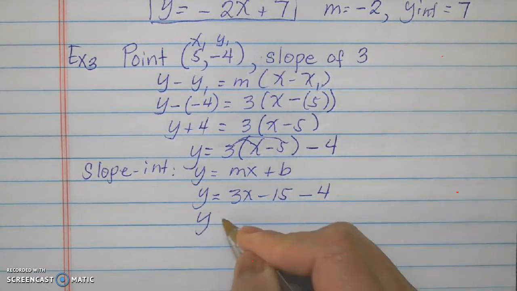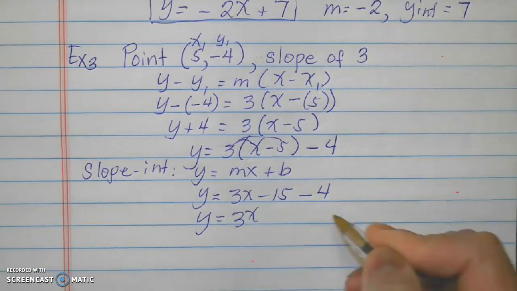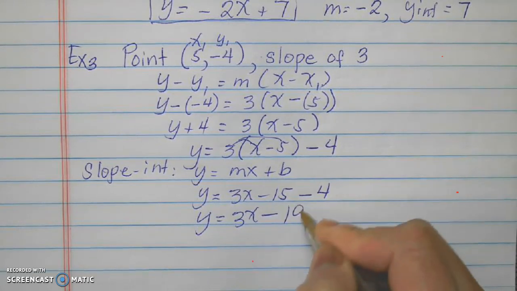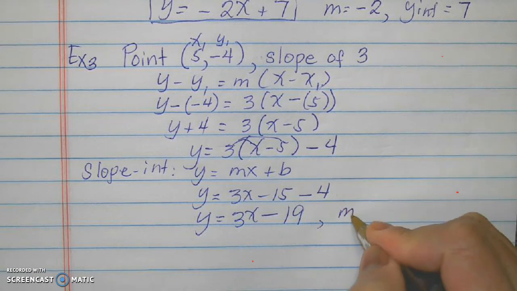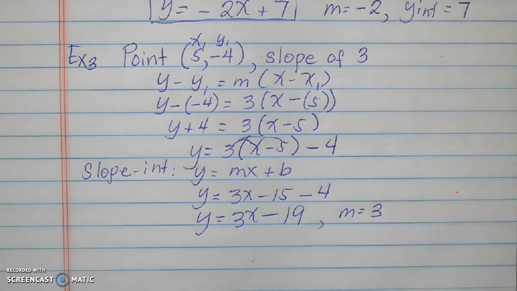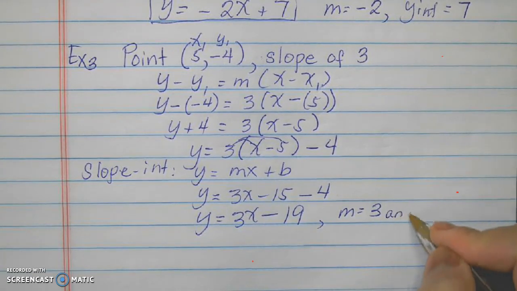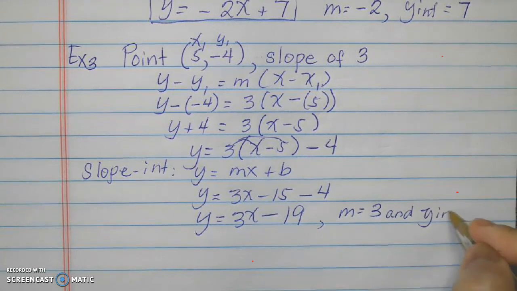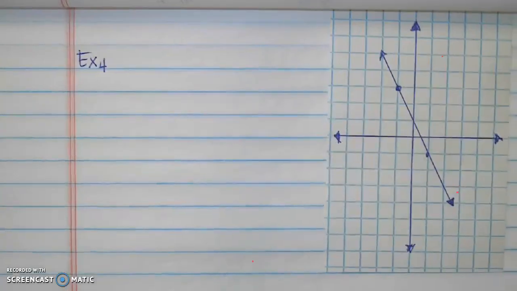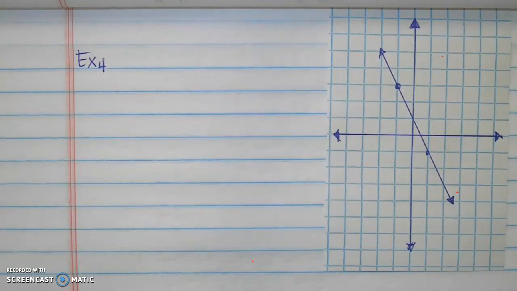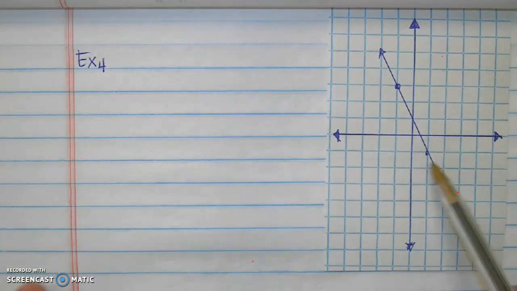Then it's y equals 3x minus 19. Now what does that mean? Your m is 3, which again we already discussed, and your y-intercept is negative 19.